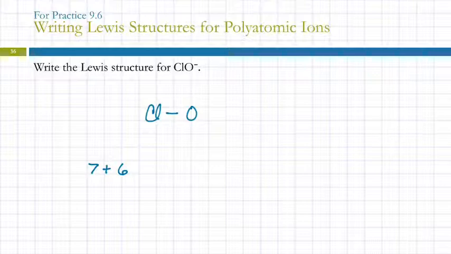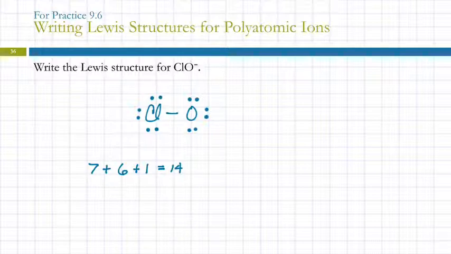And then the -1 charge, does that mean I have an extra electron or I lost one? I have an extra electron, so I need to add 1. So that gives me 14. Okay? I already have 2 being taken up in that bond. So then I start counting 4, 6, 8, 10, 12, 14.